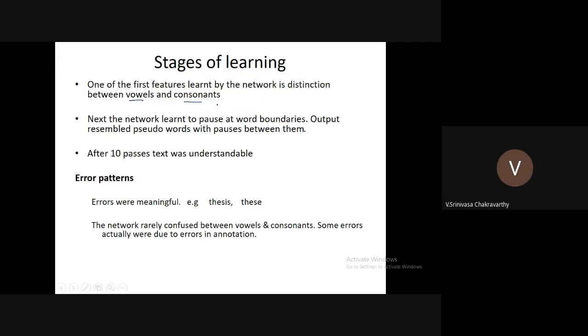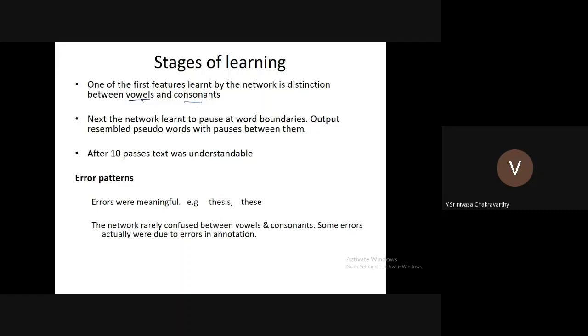You're not explicitly trying to create those representations, they emerge by themselves. Even in the early stages of training, the hidden layer responses were able to classify between vowels and consonants, whereas in the training we never gave that information to the network. We have never even used the concept of vowels and consonants in network training.